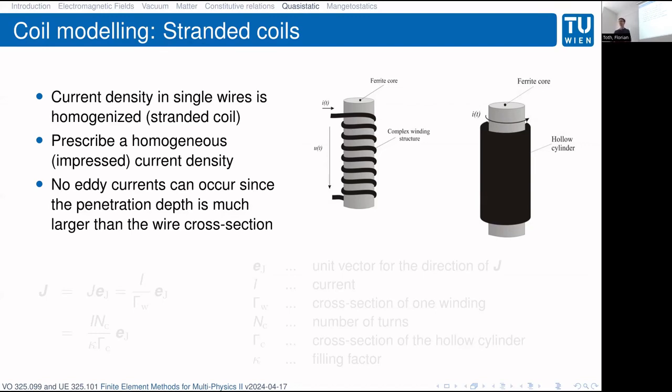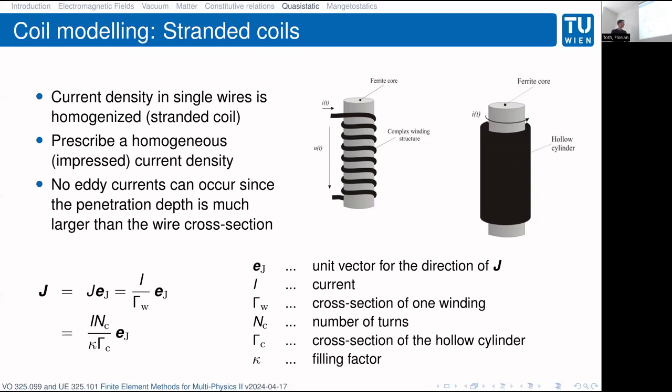And in this region, we can't have eddy currents because the eddy currents would need to develop in the single wires, and the wires are isolated against each other. The eddy currents cannot develop. Of course, this assumption is only correct for frequencies that are so low that eddy currents in the individual wires do not become important.